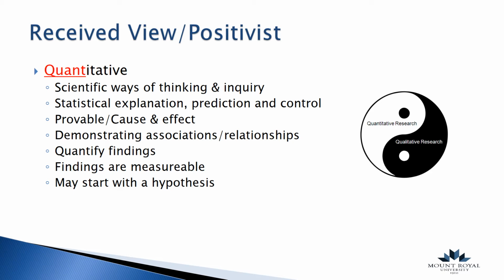So we quantify our findings. Our findings are measurable. And often with quant research, we might start with a hypothesis. So we might predict, it's the researcher's best guess or prediction as to the outcomes. So we're going to look at hypotheses in a couple classes down the road, but generally, if we were looking at the situation with the written asthma action plan and children and families, we might have a hypothesis that there will be a difference between families and children who have one and those that don't.